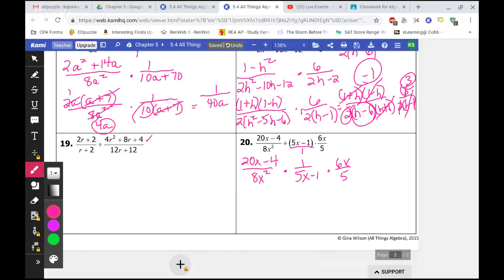Okay. So now we're going to factor this first one, where you can factor out a 4 at the top.